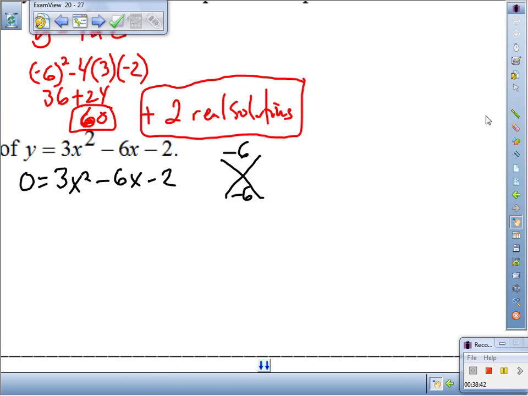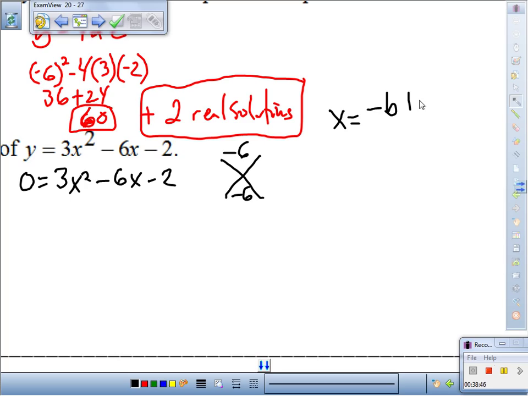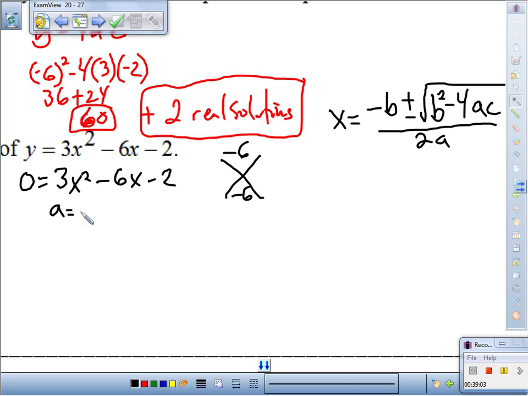So from here, over here on the side, let's write the quadratic formula. Here we go. X equals minus b plus minus square root b squared minus 4ac over 2a. We need to identify a, b, and c in order to substitute values. So a is 3, b is negative 6, and c is negative 2.